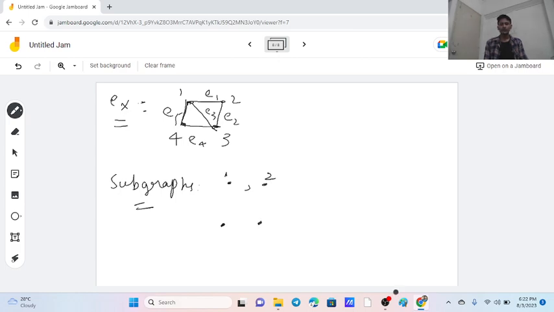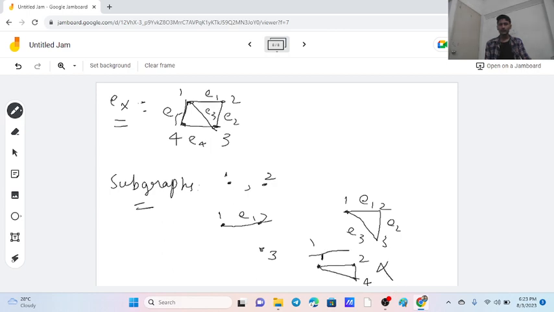another is, this is a subgraph, this is a subgraph. But if I make it like this one, 1, 2, 4, then this is not a subgraph.